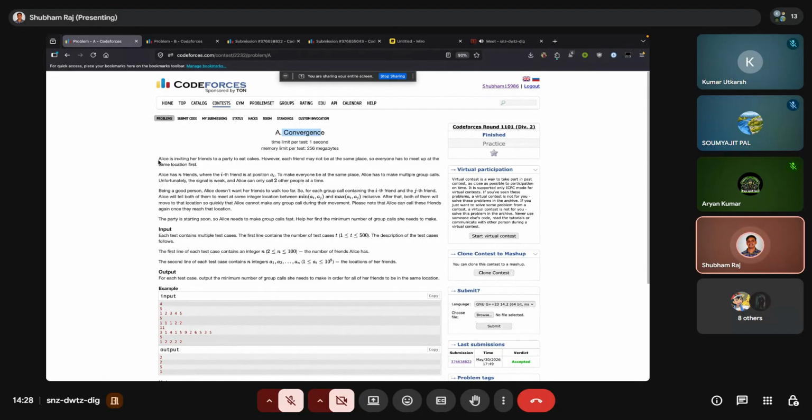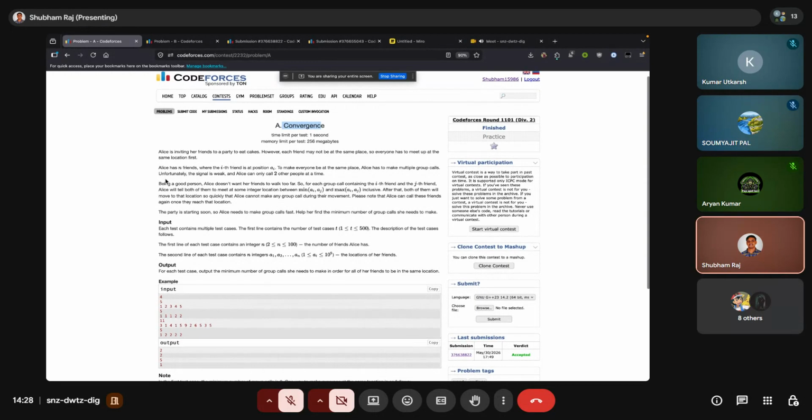Alice is inviting her friends to a party to eat cakes. However, each friend may not be at the same place, so everyone has to meet up at the same location first. Alice has n friends where the ith friend is at position A_i. To make everyone be at the same place, Alice has to make multiple group calls.